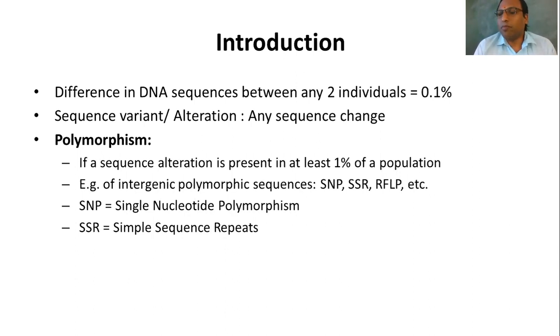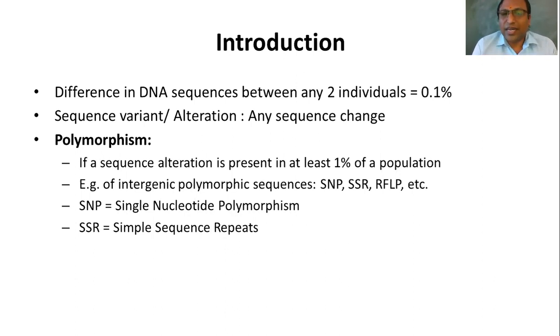Also, the important part in this particular mapping of disease loci is polymorphism. Polymorphism means that if a sequence alteration is present in at least 1% of the population, then this is called polymorphism. Poly means many, morphism means the structure change, or it can be of a particular position or a phenotypic change, anything can be.